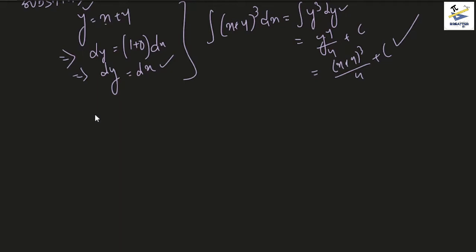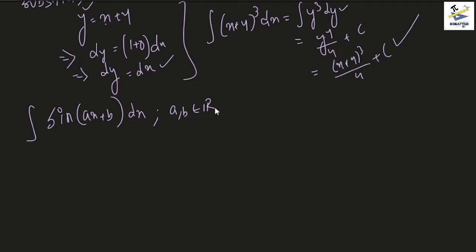Okay, so let us move on to another example, which would be a little bit trickier, or maybe a tad harder than this one. Let us evaluate the integral of sine of ax plus b for real numbers a and b. Okay, so how do we do that?